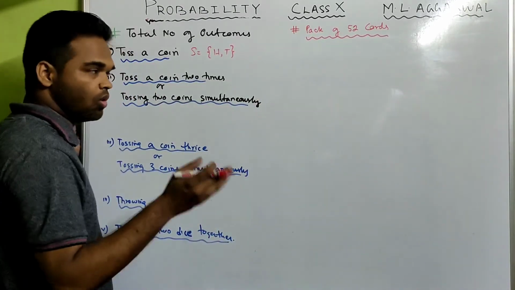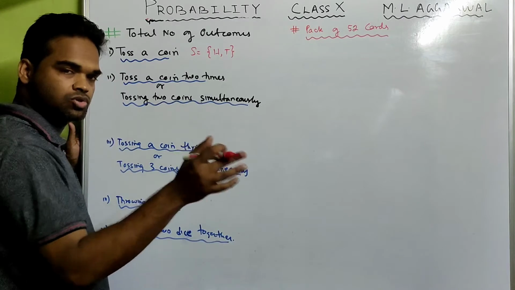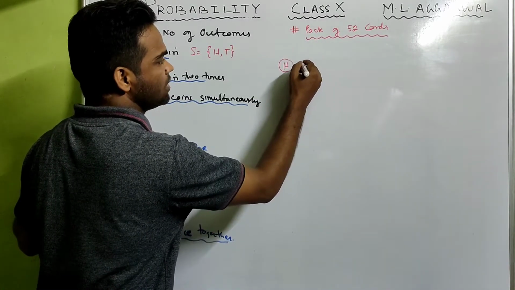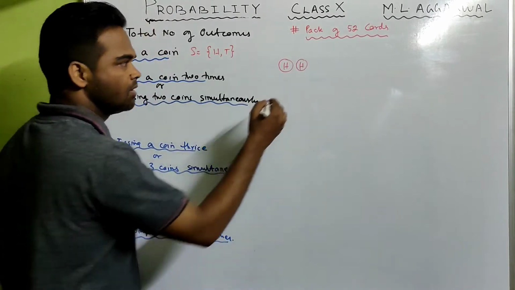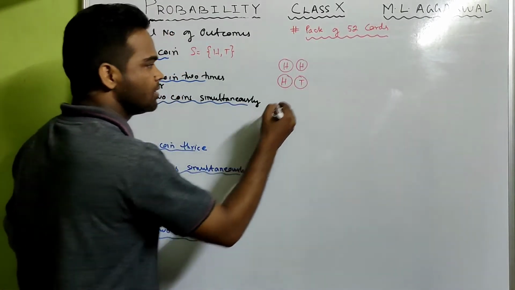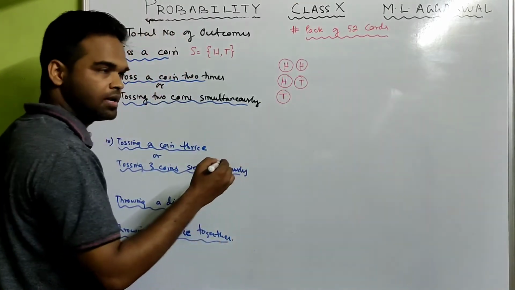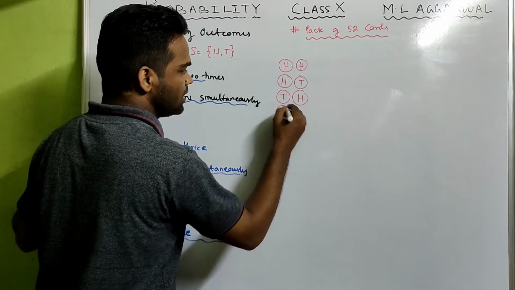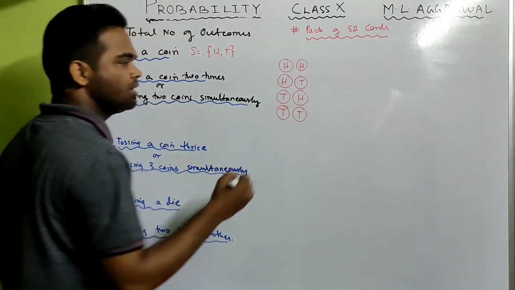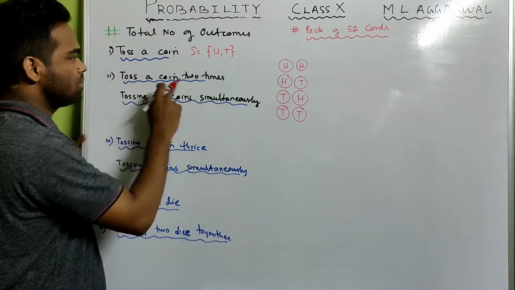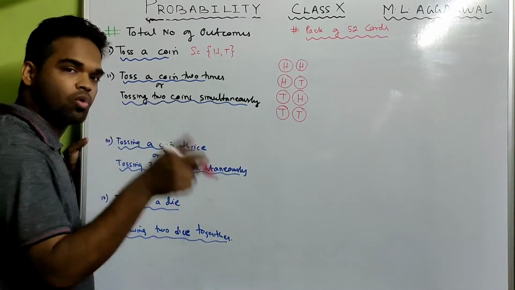Suppose you take 2 coins and you toss together. Then on one you can get a head and the other also a head, or H and the other turns up tail, or the first one tail, the second one head, or the first one tail, the second one tail. So these are the 4 outcomes possible when you toss a coin 2 times or toss 2 coins simultaneously.